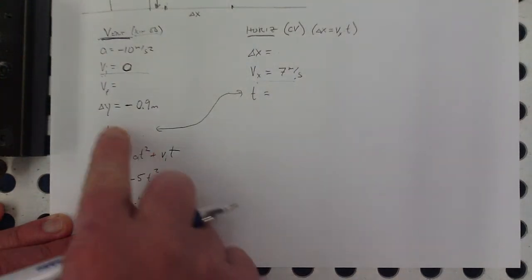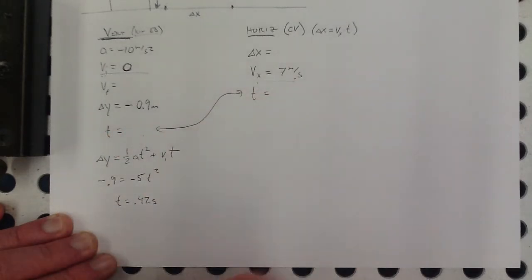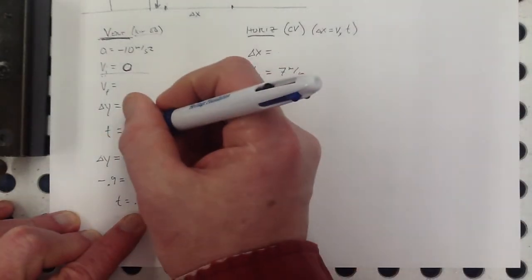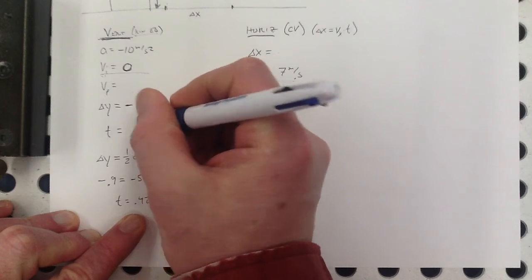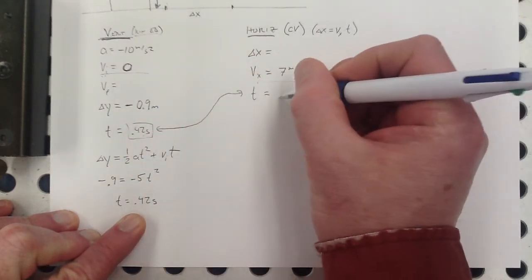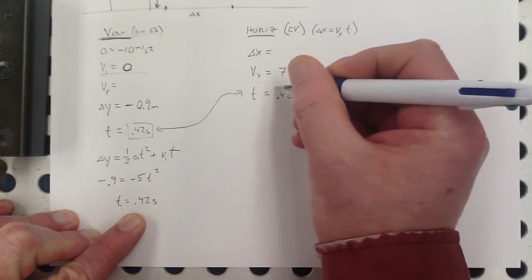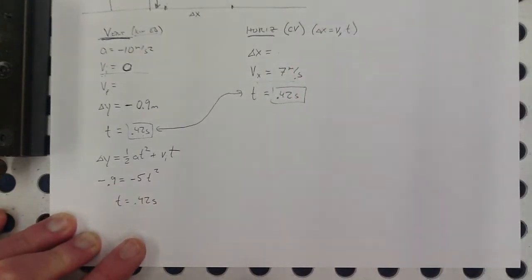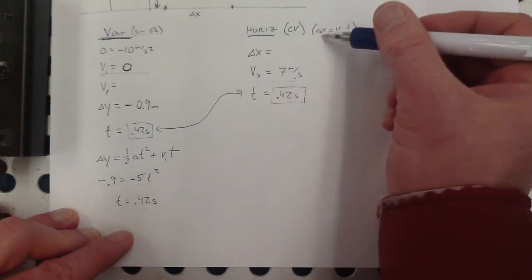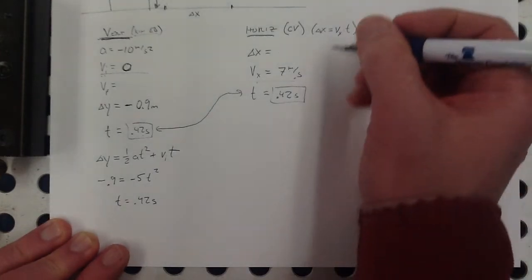Now that's the time that applies to both parts of the motion. So I can take that 0.42 seconds and bring it over here. And now I've got 2 out of the 3 things for this equation.